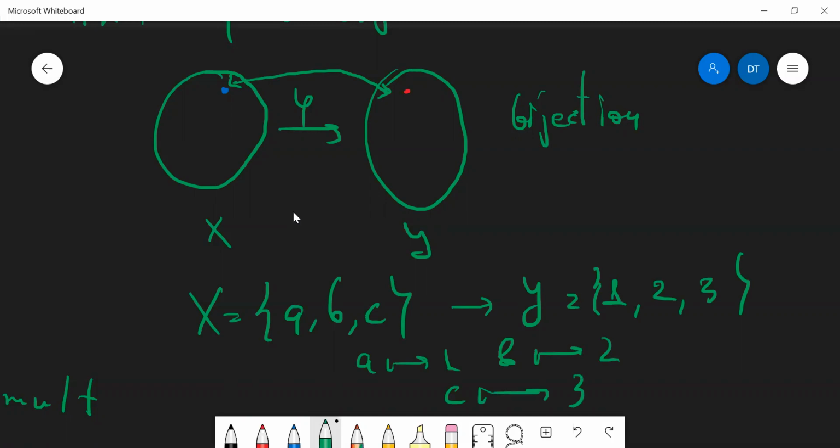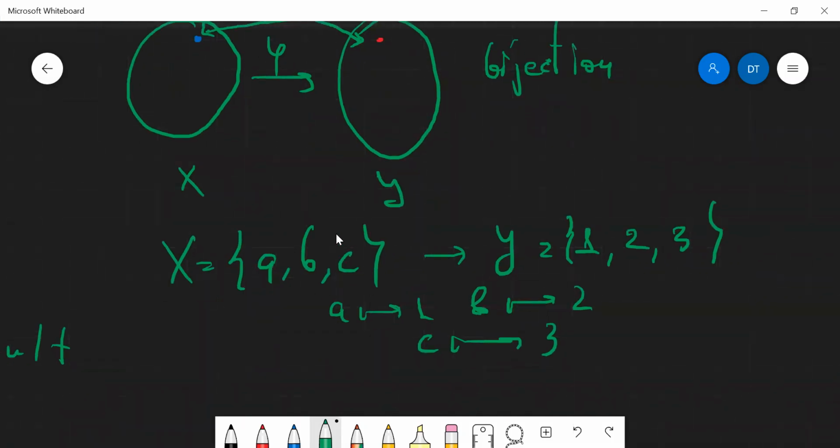Then you may think of it as just a way to rename the elements. So here you have names A, B, C, and here you have names 1, 2, 3. But A and 1 are actually exactly the same element. B and 2 are exactly the same element, but here it has name B, and here it has name 2, and the same for the element C. So the bijection is just a way to rename all the elements.